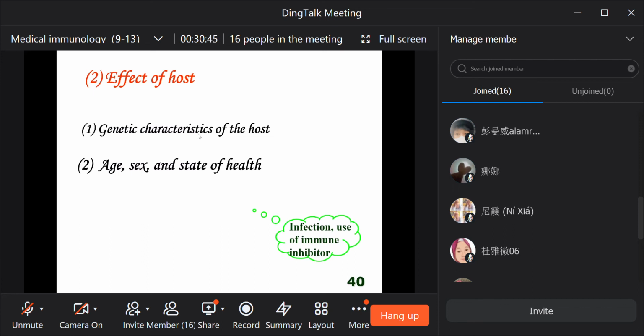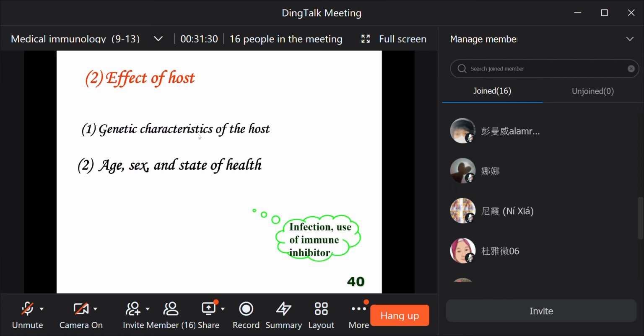So you should listen very closely. Don't worry. What I want to say with this example is that different people have different abilities to present the antigen, so they display different genetic characteristics. So this is a very important characteristic for the antigen.